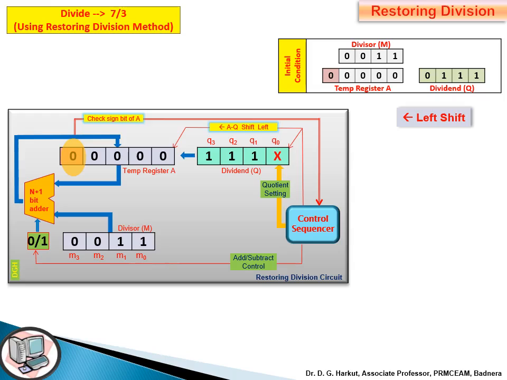Next is to perform subtraction. Subtract divisor from temp, which will be accomplished by sending an appropriate signal by control sequence generator to the n bit adder.